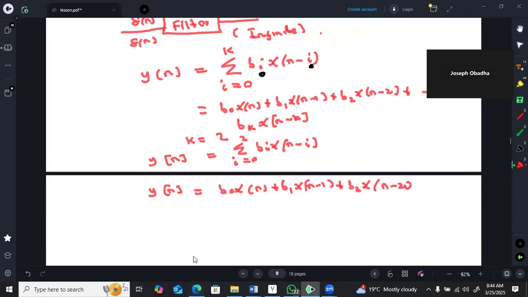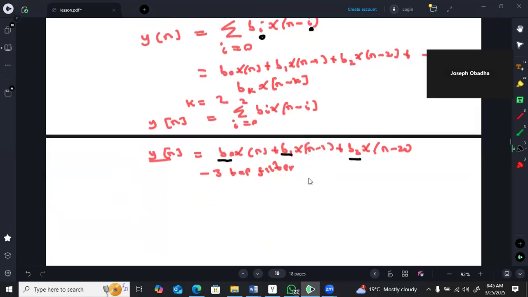Such a type of filter we can describe as a three-tap filter, because there are three coefficients to be determined: we have b0, we have b1, we have b2.